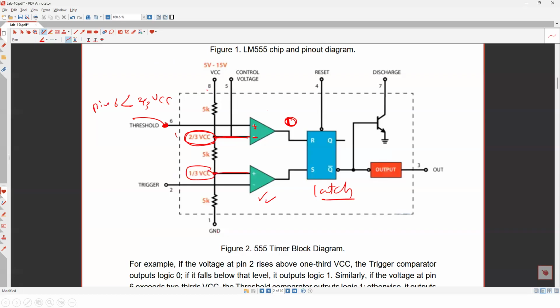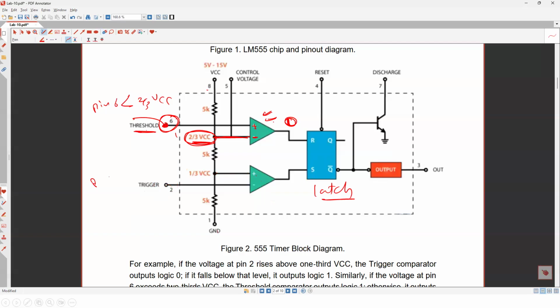So one comparator here is this one. I'm going to call it the threshold comparator. This one I'm going to call the trigger comparator. The threshold comparator is going to compare pin number 6 to 2/3 of VCC. The trigger comparator is comparing pin number 2 to 1/3 of VCC. How it works is very simple.